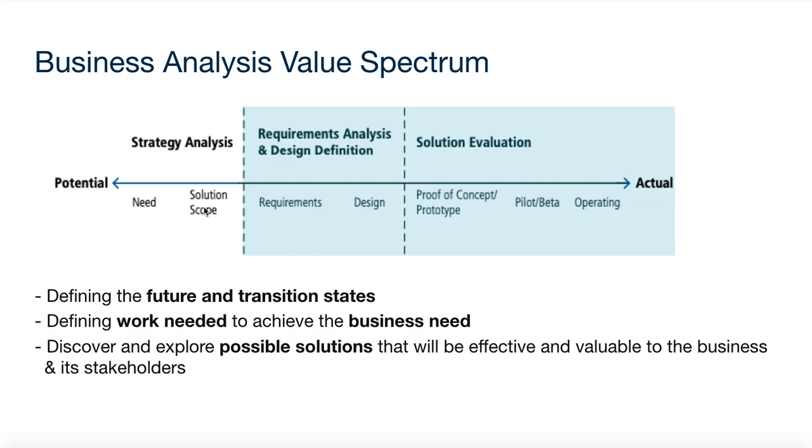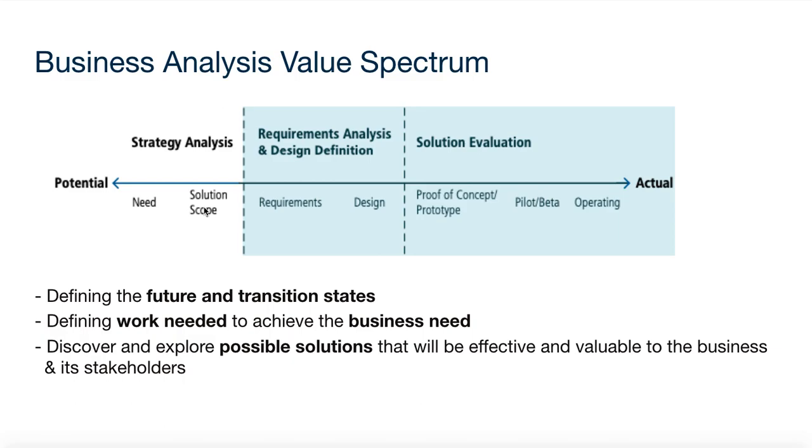Solution scope is understanding the scope or context within which I will have an opportunity to build solutions. You can build a solution within a particular scope. If something is totally out of scope, you would not be able to build a solution, so if certain things are out of your scope, you need to consider that when you define your solution.